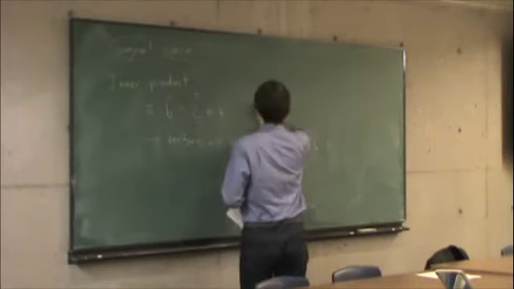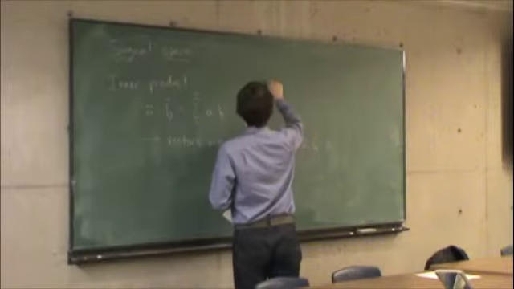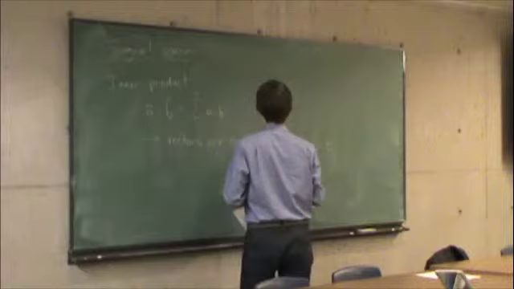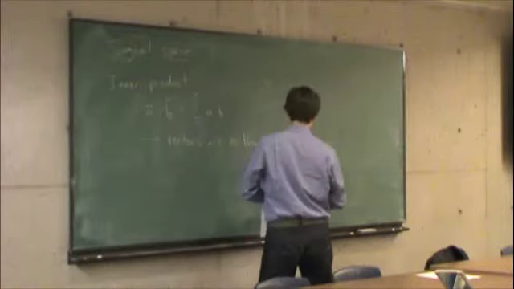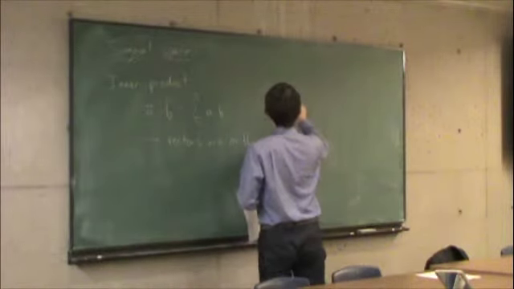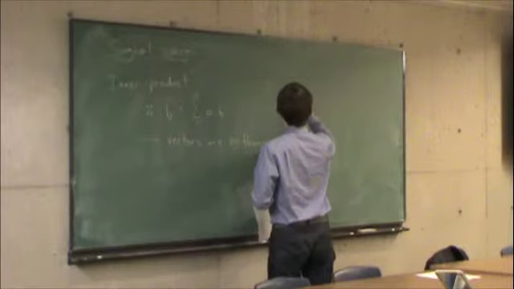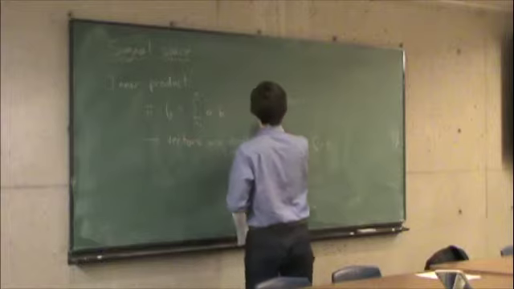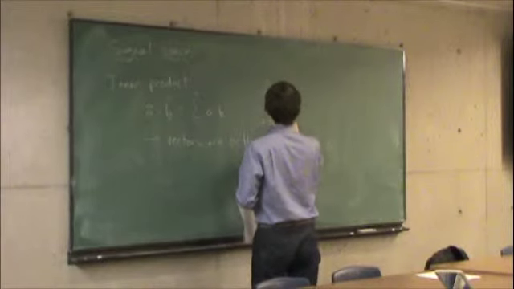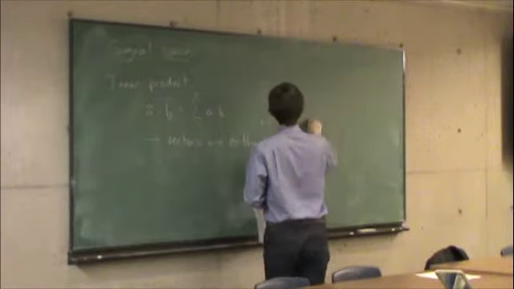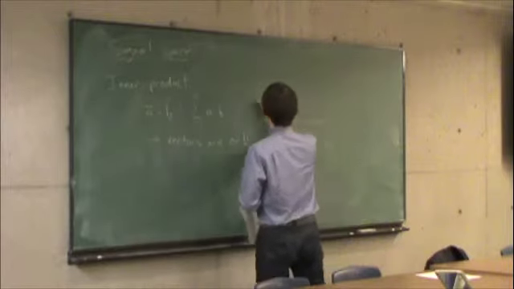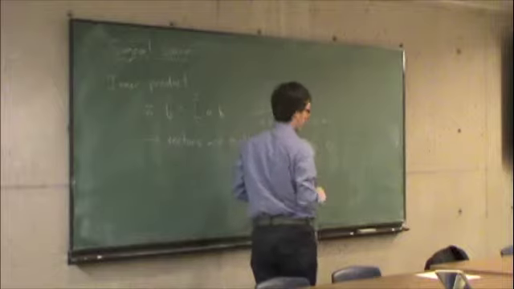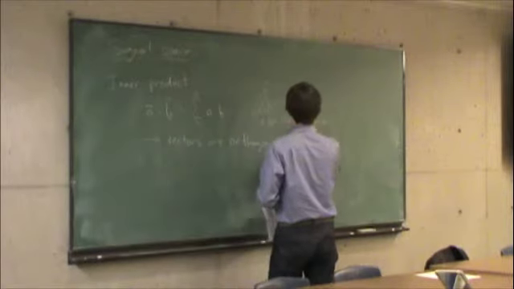Geometrically, it looks kind of like this: this is A, this is B. Let's suppose B has length 1 and I want to know what component of A goes in the direction of B. It turns out that A dot B is equal to norm A, norm B, cosine of the angle between them, and that is exactly this segment right here, if the norm of B is equal to 1.